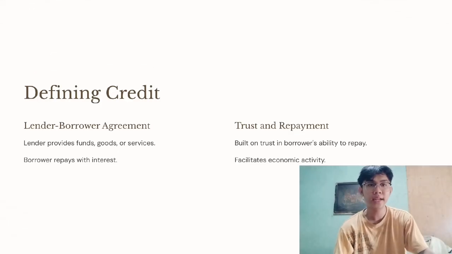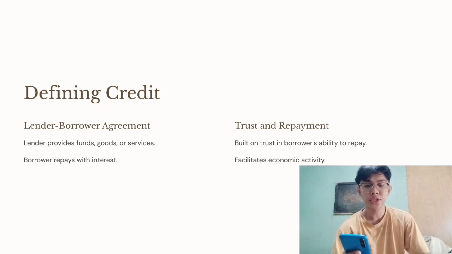So first and foremost, define and explain thoroughly what is credit. Credit is a financial arrangement in which a party or the lender provides money, goods, and services to another party or the borrower, with the agreement that the borrower will repay the value at a later date, often with interest.